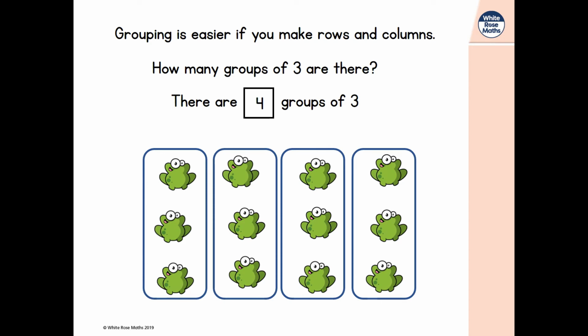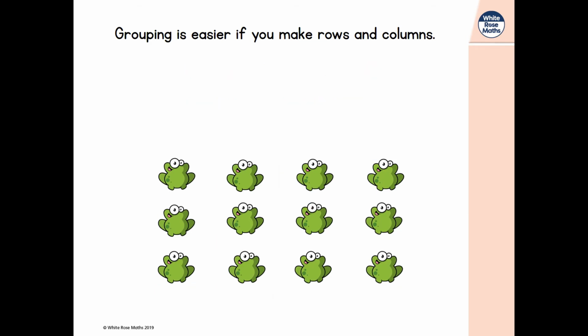Did you see how much easier that was when the frogs are in rows and columns? Yeah, me too. And here are our frogs in rows and columns. Because remember, grouping is easier if you make rows and columns. There's still 12 frogs.